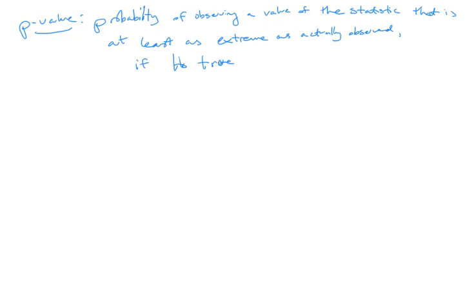Anytime you are providing or defining a p-value, you have to remember this piece, if the null hypothesis is true, because the p-value only makes sense under the assumption that the null hypothesis is true.